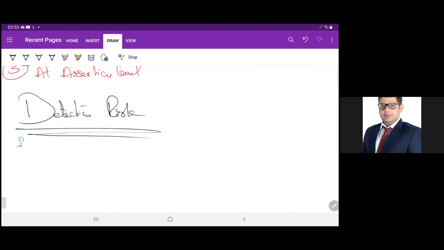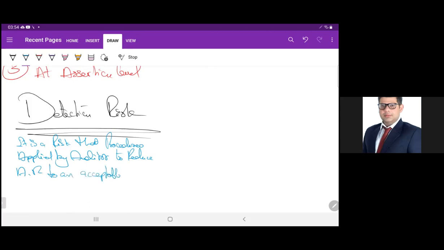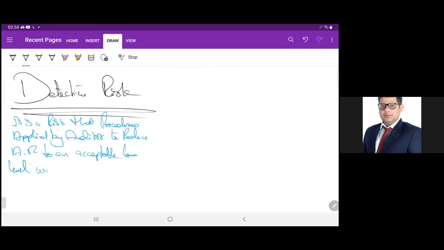It is a risk that procedures applied by the auditor to reduce audit risk to an acceptably low level will fail to detect a material misstatement which exists that could be material, right?